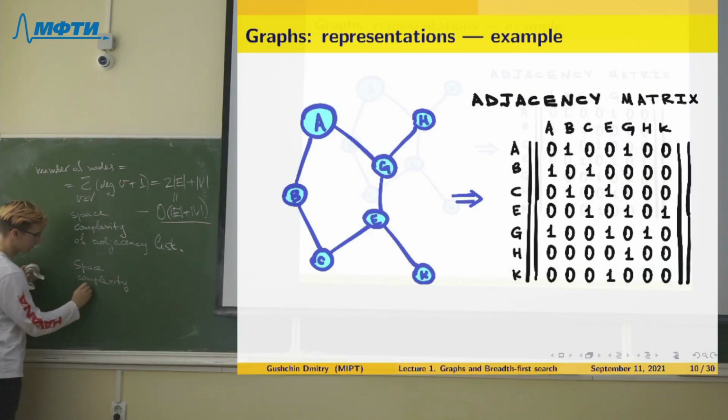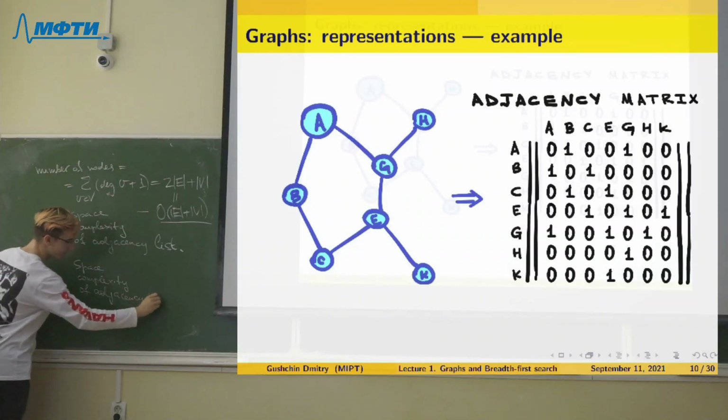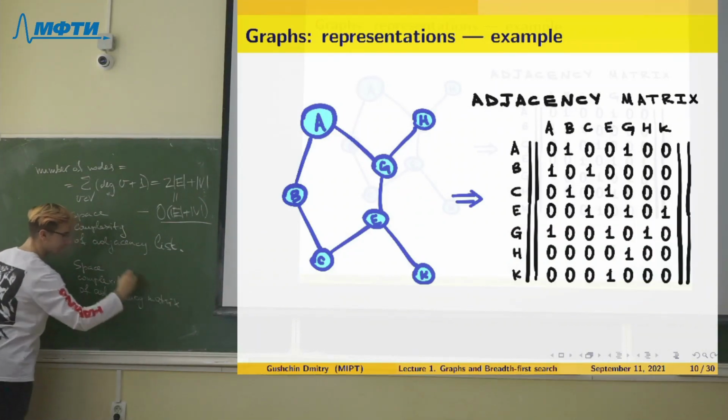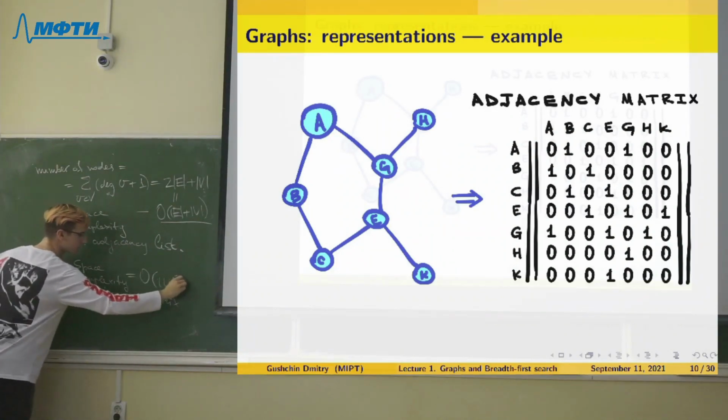Yeah. You're right. It's equal to O of the number of vertices squared.